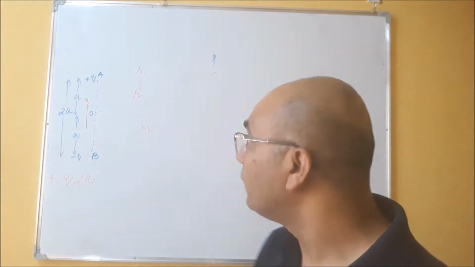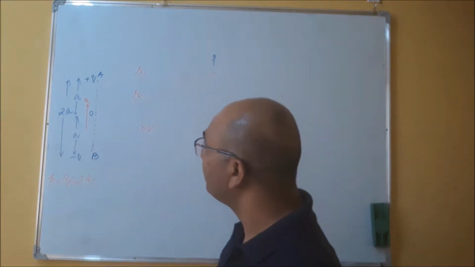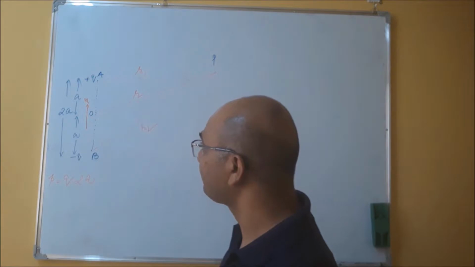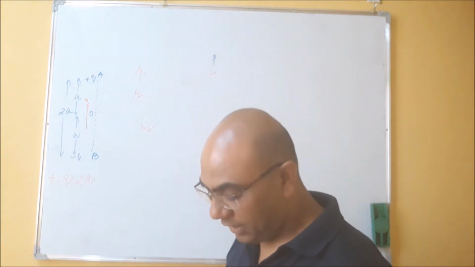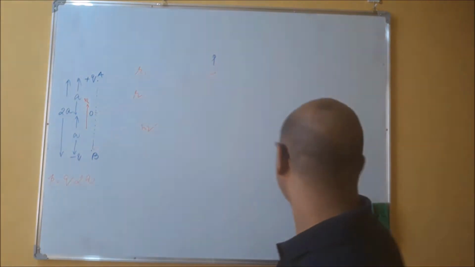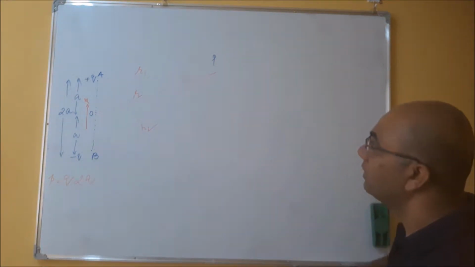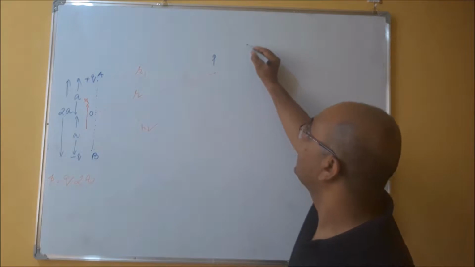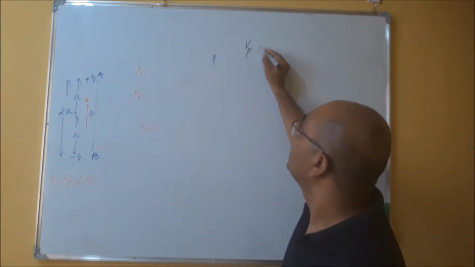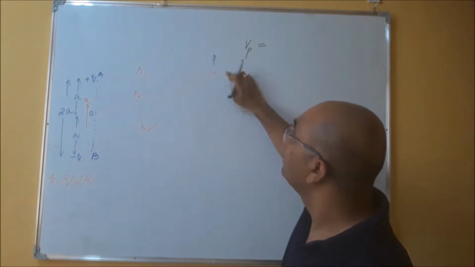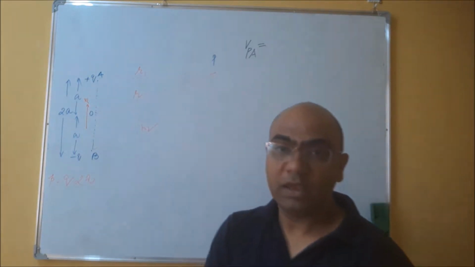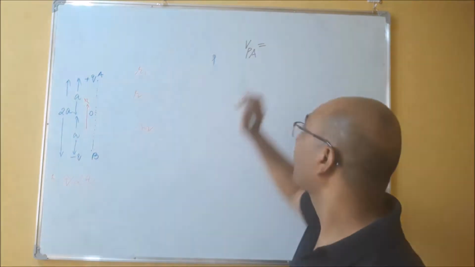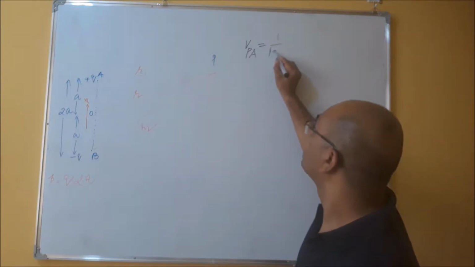Now you see what I can write. What is the value of the electrostatic potential at point P? At P due to A, we have the formula 1 upon 4 pi epsilon naught, q upon R1.